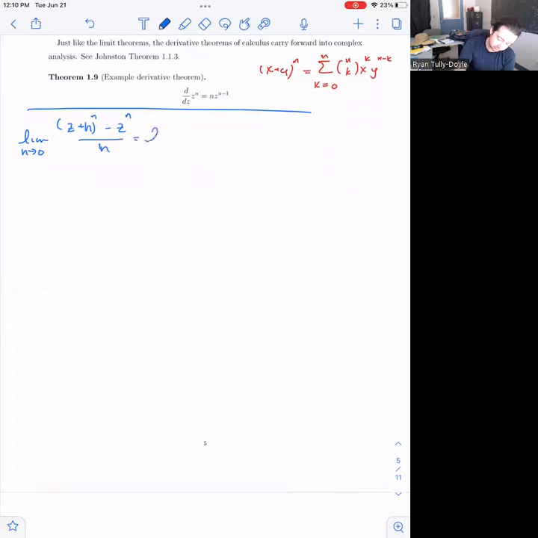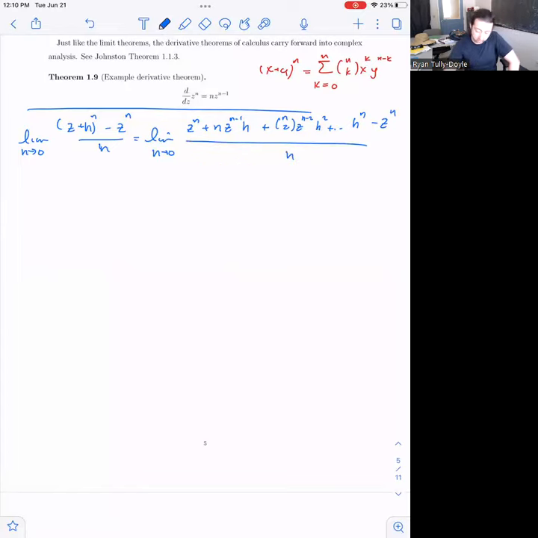This is equal to the limit as h goes to 0 of z to the n plus n z to the n minus 1 h plus n choose 2 z to the n minus 2 h squared, all the way out to h to the n, and then we subtract the z to the n and we divide by h.